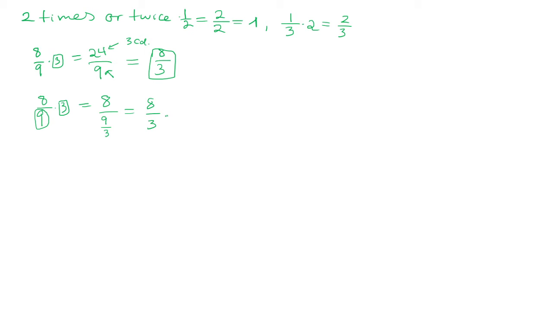Okay. So in general, if we multiply the fraction a divided by b, by the number b, the product must be equal to a. Simply because if we say a divided by b multiplied by b, we end up with a multiplied by b divided by b, where b and b cancel out, so we end up with a.